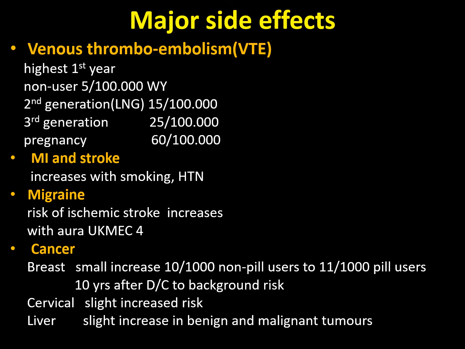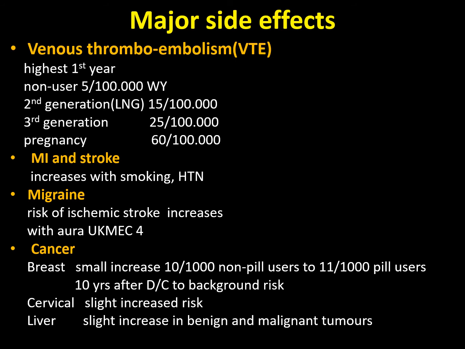Migraine actually is very important, and I've mentioned it here because if it is present and we use the pills, the risk of ischemic stroke increases. Remember, whenever there is a history of migraine with aura, combined hormonal contraception is absolutely contraindicated at any age.